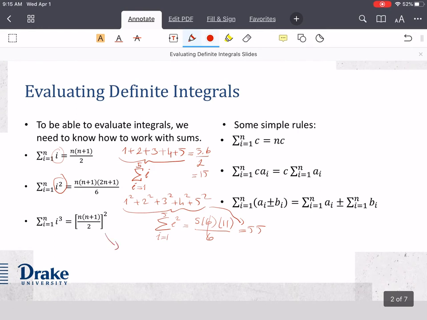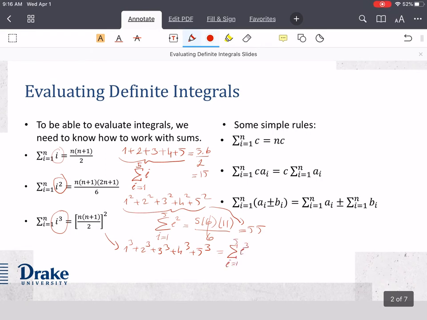Here, the situation is that you're calculating the third degree, the cubes of numbers. So what this means is 1 cubed plus 2 cubed plus 3 cubed plus 4 cubed plus 5 cubed. This could be represented as sigma i from 1 to 5 of i cubed.